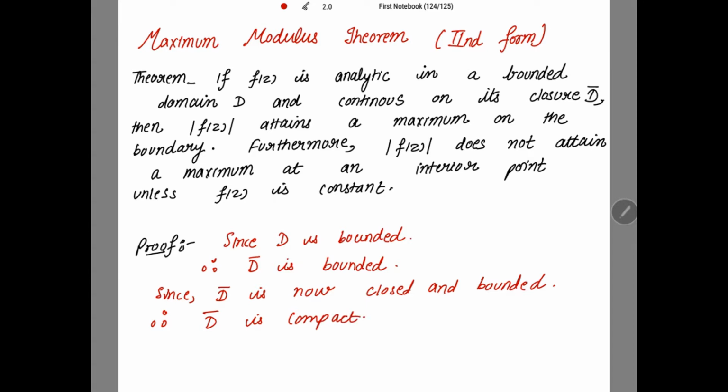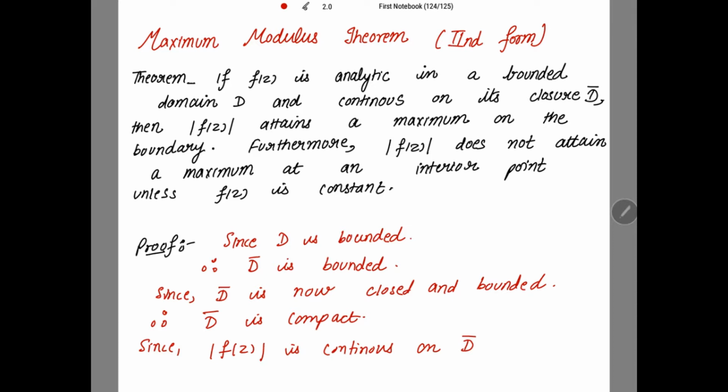Now, mod of f(z) is given to be continuous on this closure D bar. Whenever a function is continuous on a compact set, which we have now shown D bar to be, then that function will be bounded on that compact set, and that function will attain a maximum.